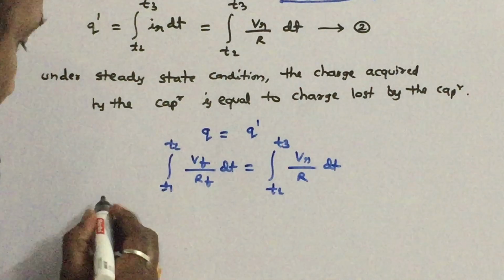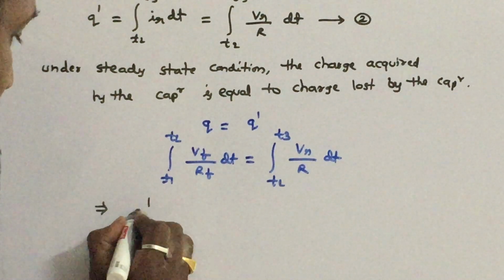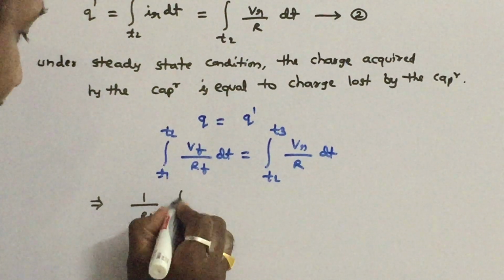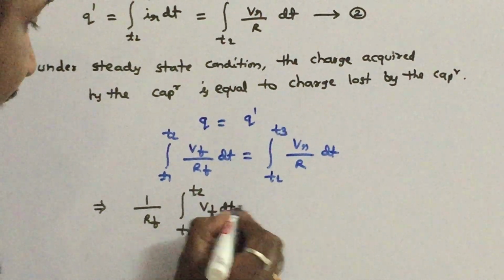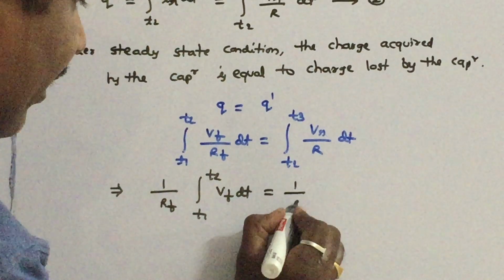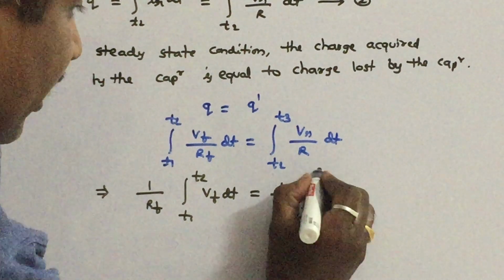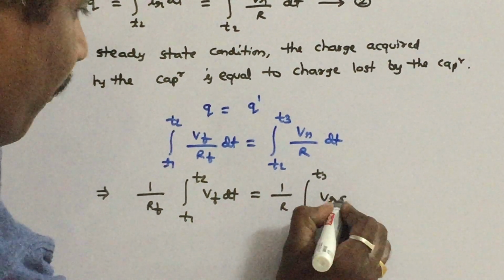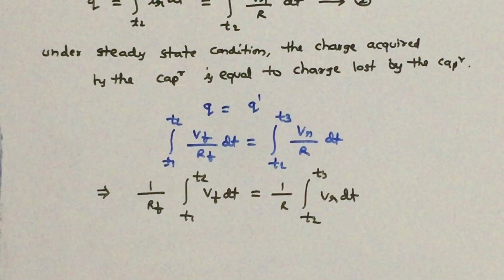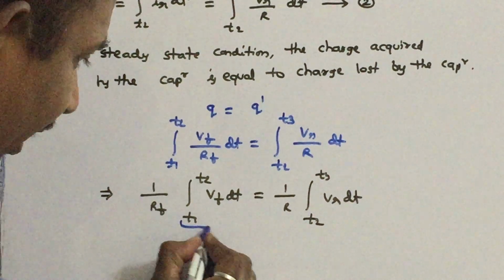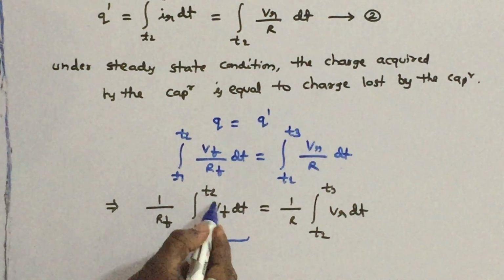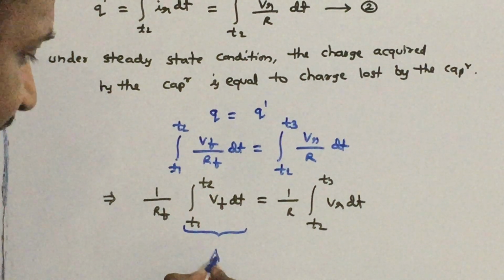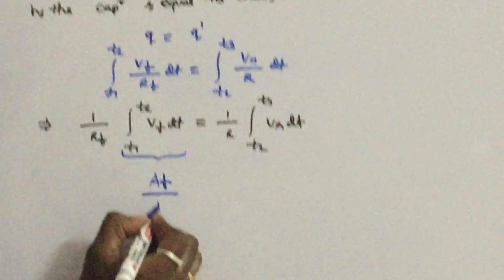Let us take RF outside, since the diode forward resistance is constant: integral T1 to T2 of VF dt. Take 1 by R outside: integral T2 to T3 of VR dt. From integration knowledge, this is the area under the output curve in the forward direction, so it is replaced by AF by RF.